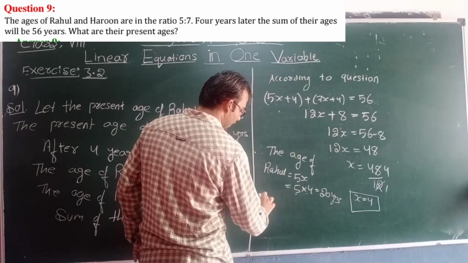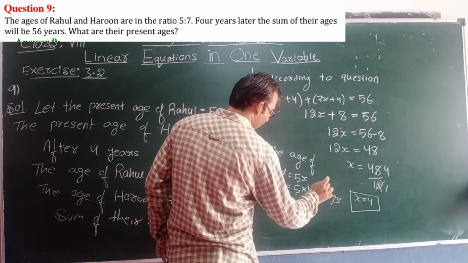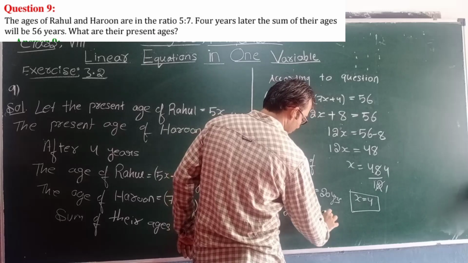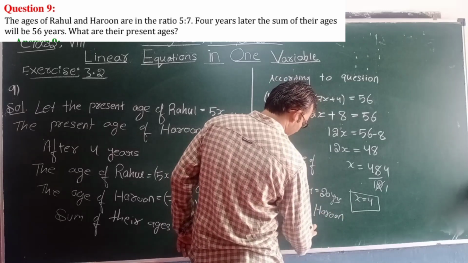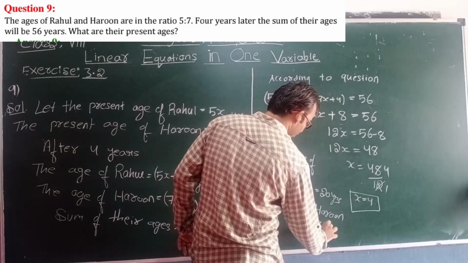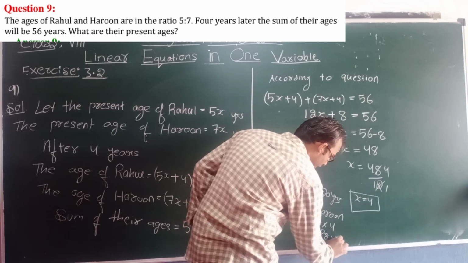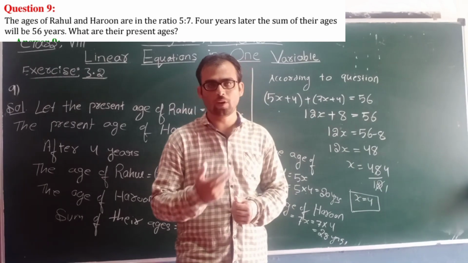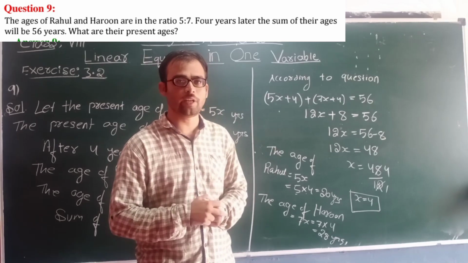Next, the age of Harun equals to 7x is equals to 7 into 4. 7 into 4 is 28. So here what are the ages of Rahul and Harun? The age of Rahul is 20 years and that of Harun is 28 years.